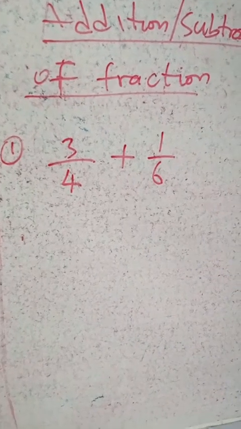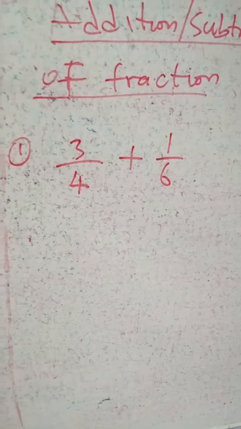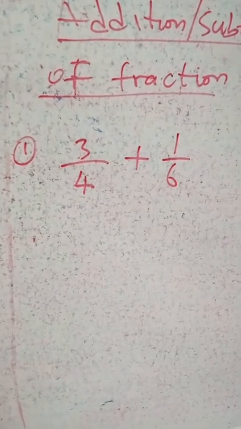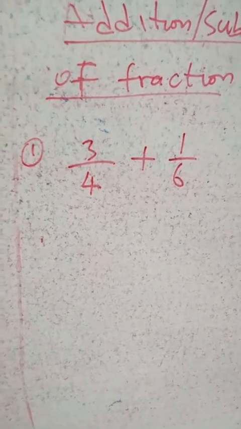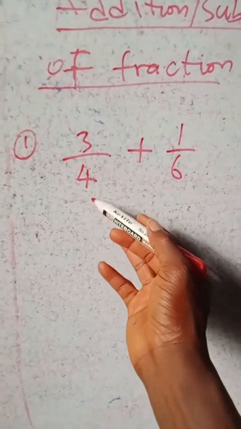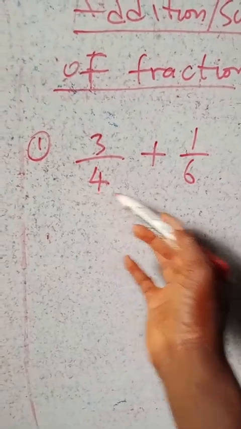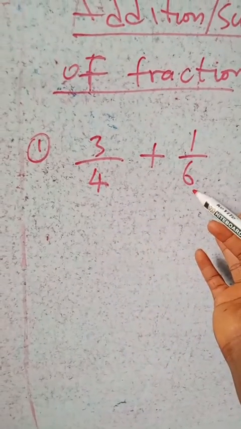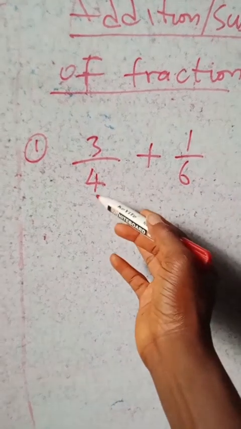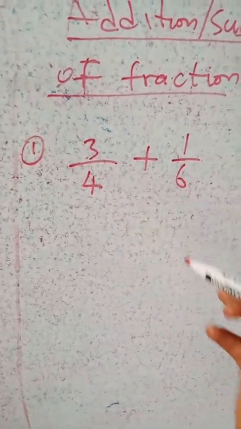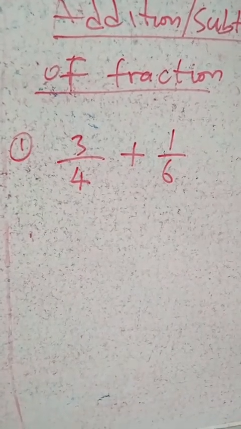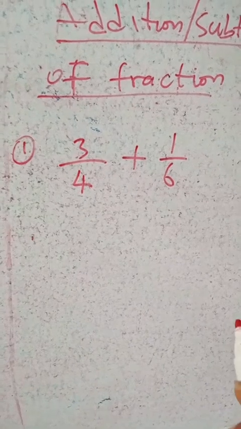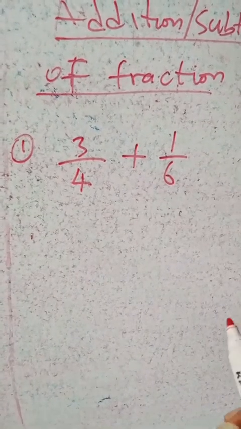The first thing you do is you find the LCM of the denominators. What are the denominators? I told us that the ones down are the denominators. So the denominators are what? 4 and 6. So the first thing you do when you are adding or subtracting fractions is to find the LCM of the denominators.